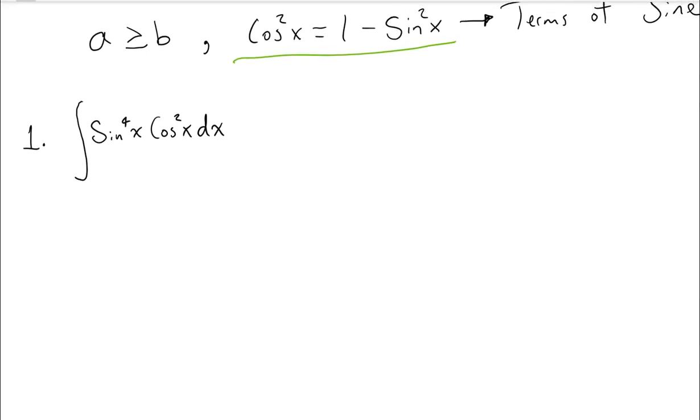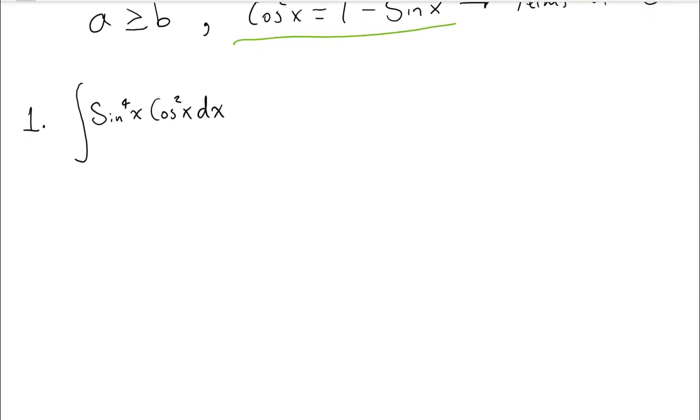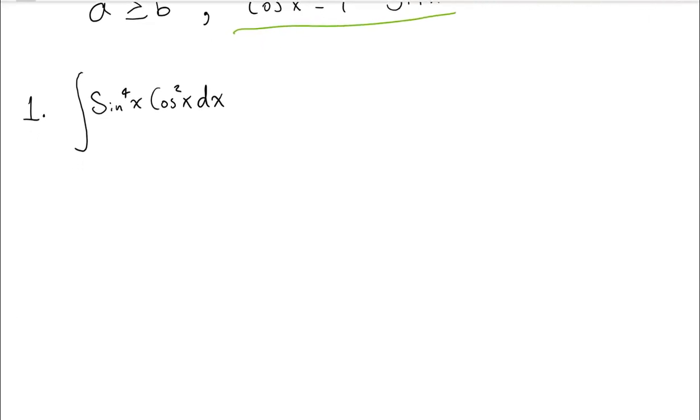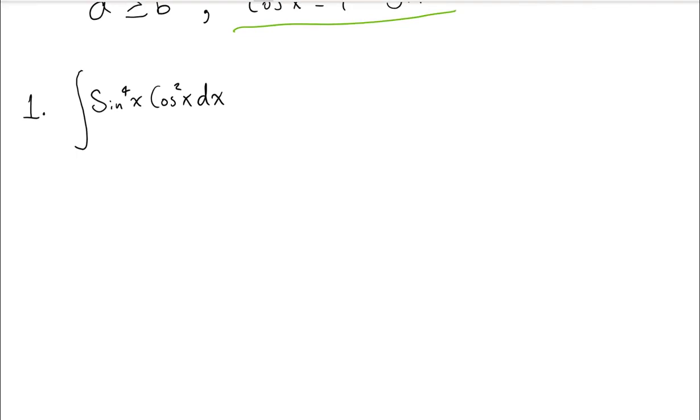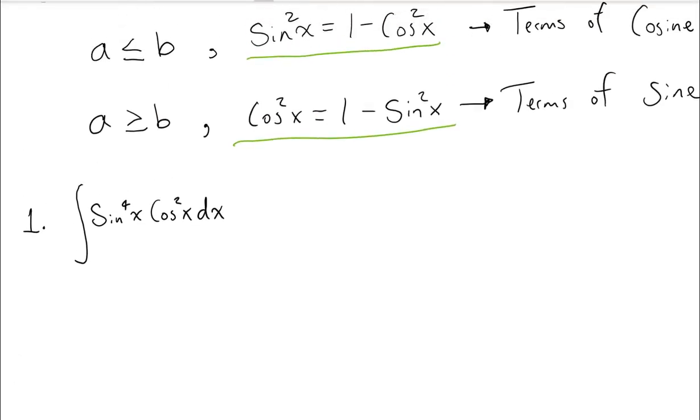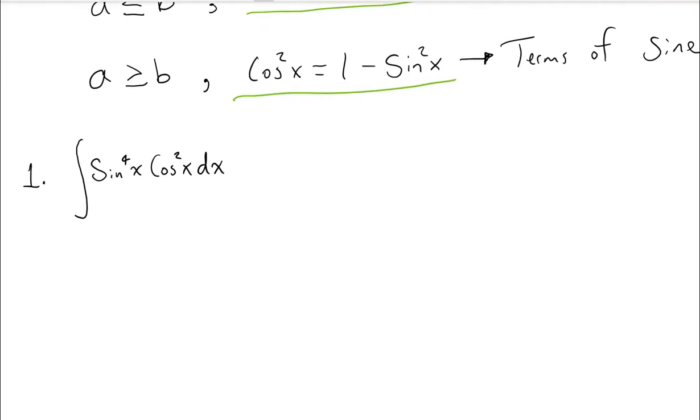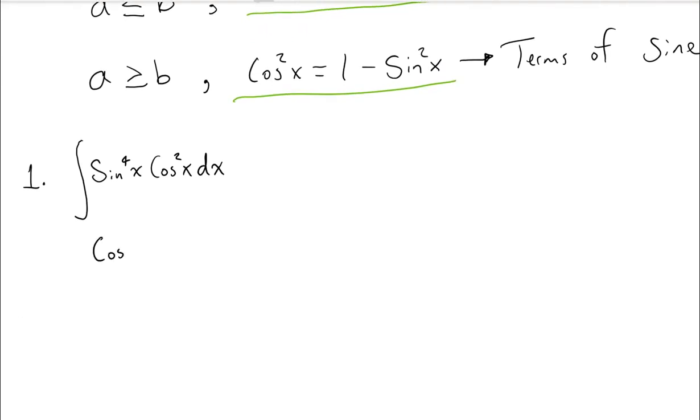But to do that, we're going to have to write everything in terms of one and only one trigonometric function. Here, our cosine is more simple than our sine, so we're going to write everything in terms of sine. So we see that cosine squared of x is equal to 1 minus sine squared of x.